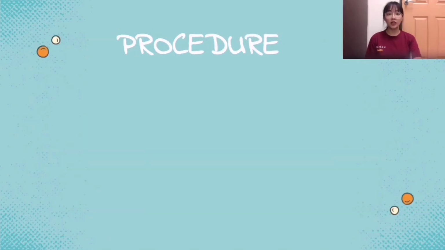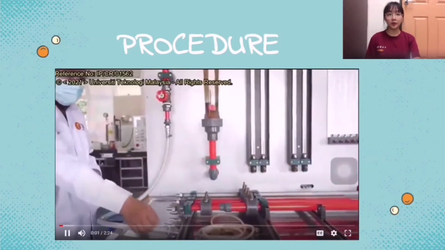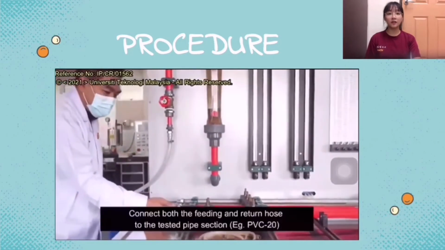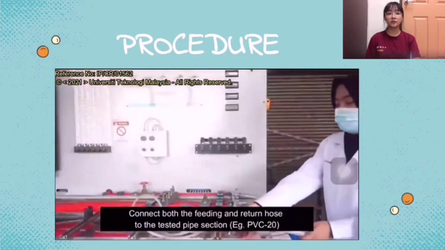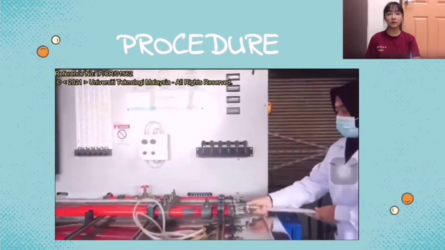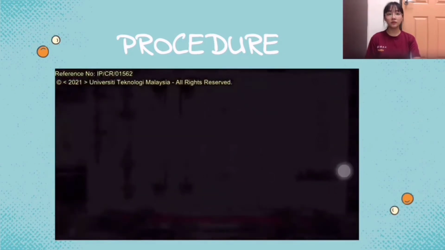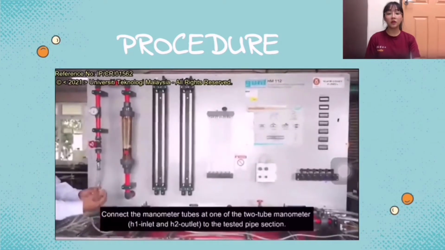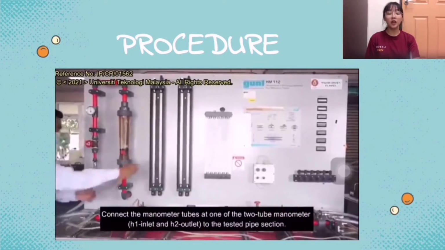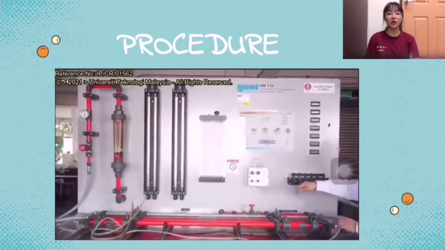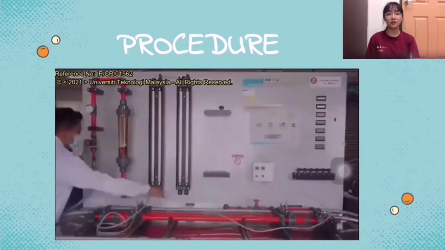Next, I will explain the procedure of this experiment. First, connect the feeding and return hose to the tested pipe section. Connect the manometer tubes at the 2 tube manometer, H1 for inlet and H2 for outlet, to the tested pipe section.